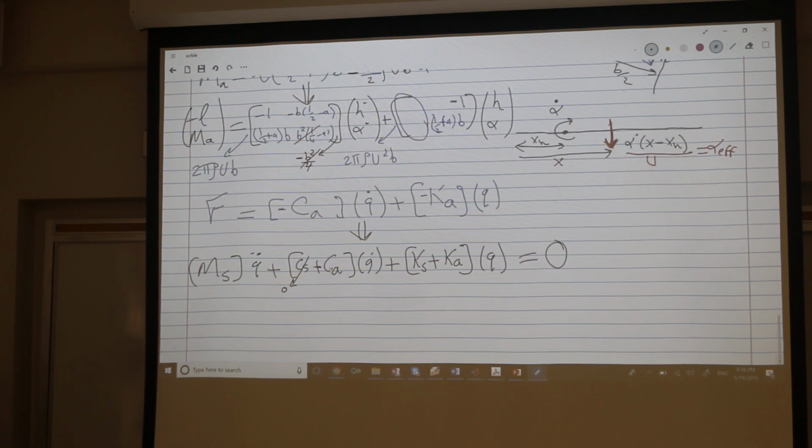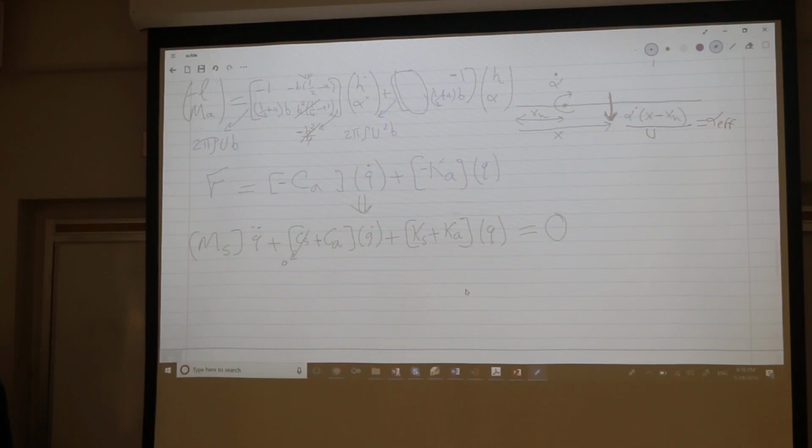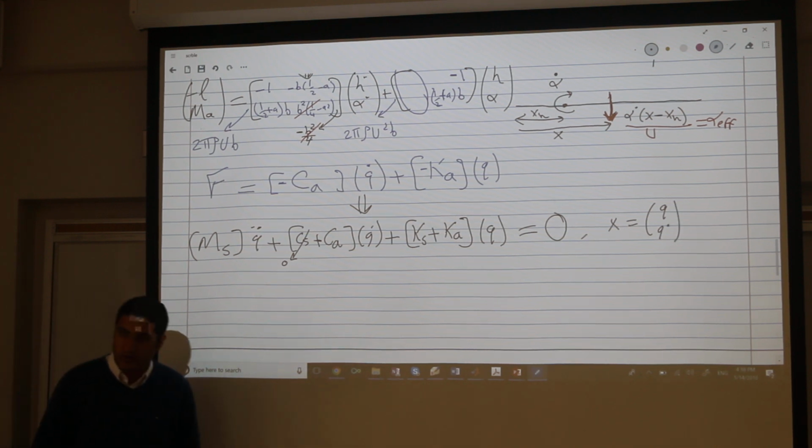This is a standard mass spring damper system, but it's second order, happens to be 2 degrees of freedom, H and alpha. And we will convert it into the very convenient form, which is a state space form. So I will define 2 states, Q and Q dot. Remember, Q is H and alpha, okay?